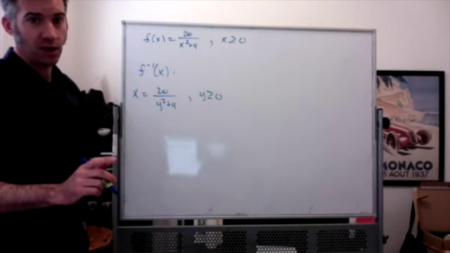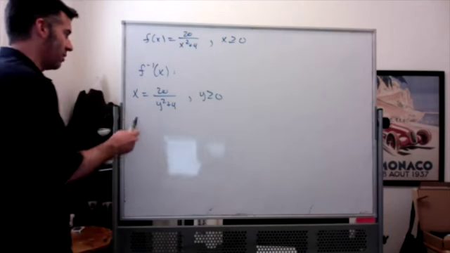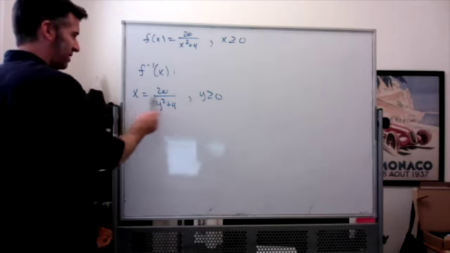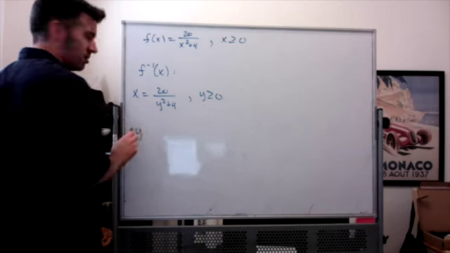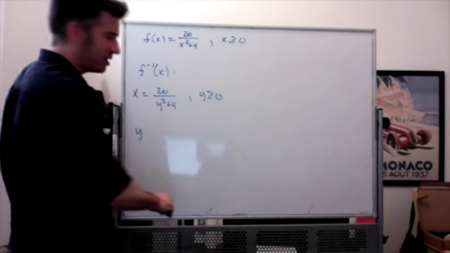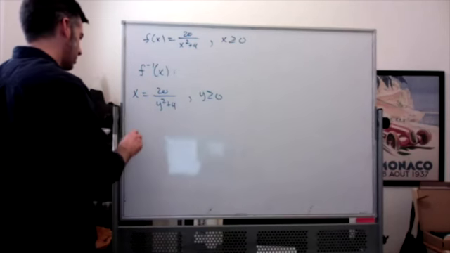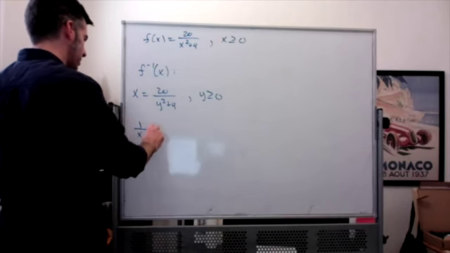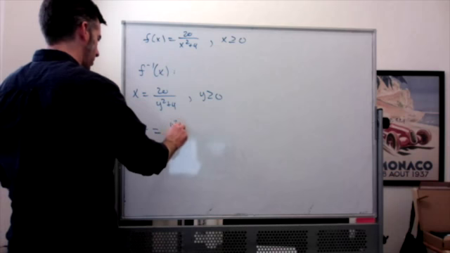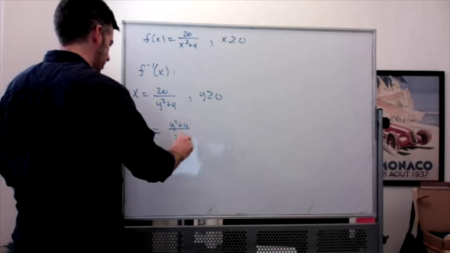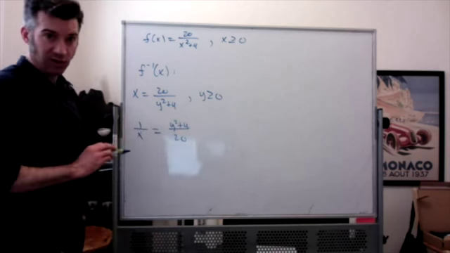Okay, so let's see. I'm going to solve for y. So multiply both sides by the denominator. No, instead of doing that, let's just flip both sides. So 1 over x equals y squared plus 4 over 20. Multiply both sides by 20.